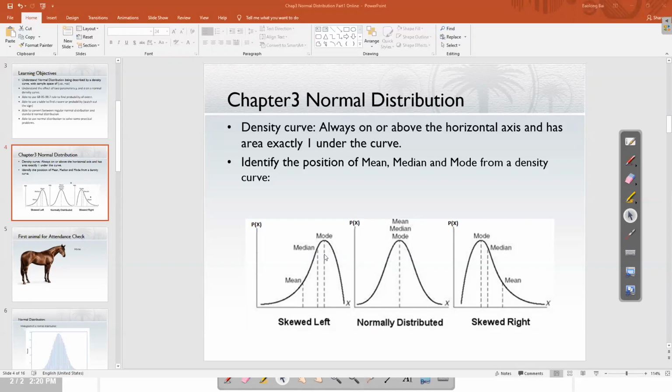Mode is most frequent, most likely, right? So this mark on x-axis is mode right here. The mean and median will change by the skewness. So how would they be affected? This is related to the resistance measure we learned in chapter 2. So between mean and median, which one is resistant? Which one is not affected by the outlier?